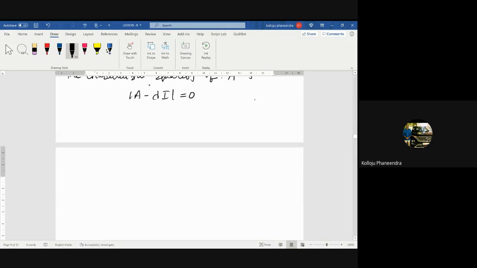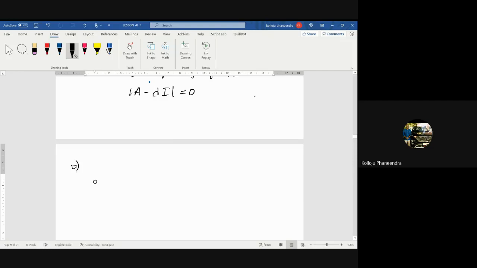Let me find this determinant of A minus lambda I. That implies the determinant with rows 1 minus lambda, 2, 3; 2, 4 minus lambda, 5; 3, 5, 6 minus lambda equal to 0. Now, I'm not giving the full expansion, as it takes time.